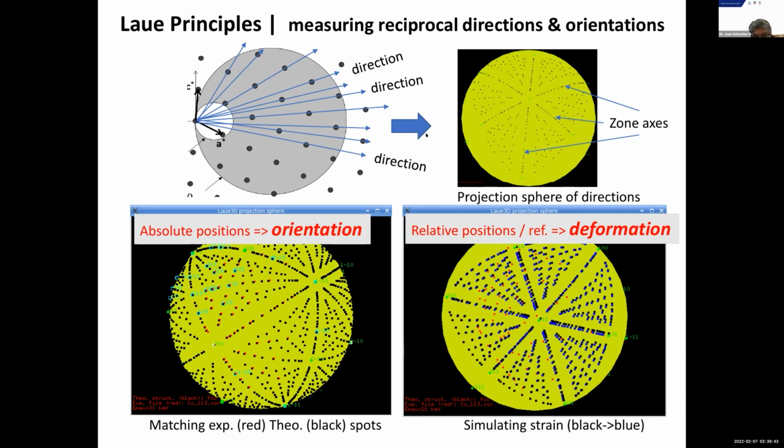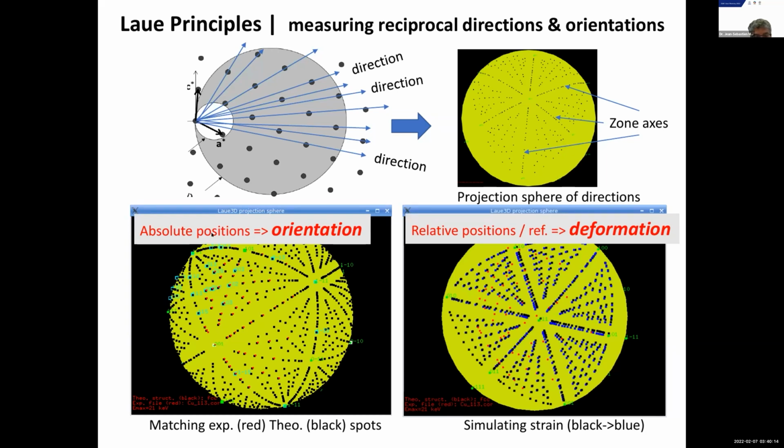What is important to understand is that if I rotate the crystal around the origin, obviously the black dots will rotate around this point, and all the directions will also rotate. You may see that the black dots rotate along the surface of this projection sphere.